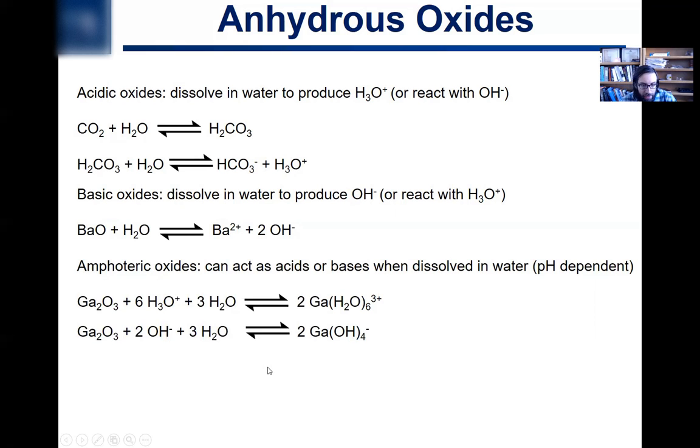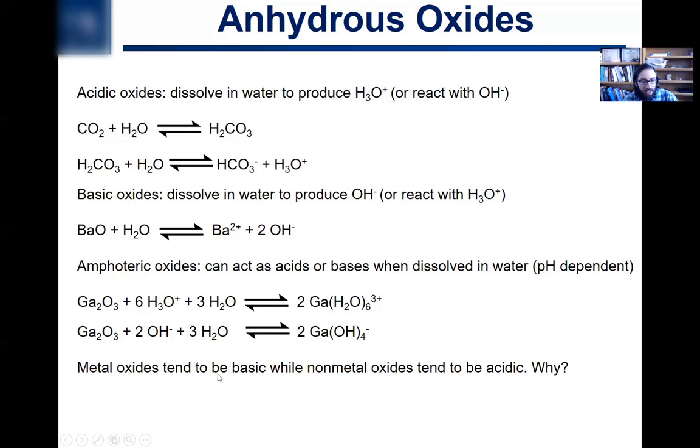Or if you're under basic conditions, it can react with base to give you this other species, where you have hydroxide coordinated, and here gallium would be acting as an acid, because it's reacting with OH minus. So under acidic conditions, where you have a lot of hydronium around, it's going to react in one way. Under basic conditions, where you have a lot of hydroxide around, an amphoteric oxide is going to act another way.